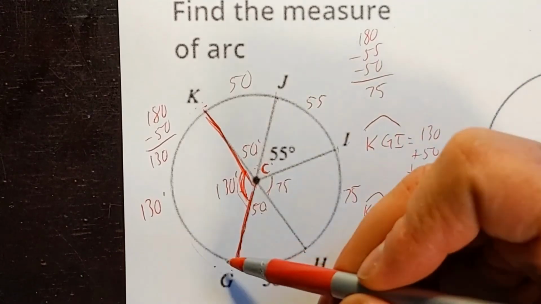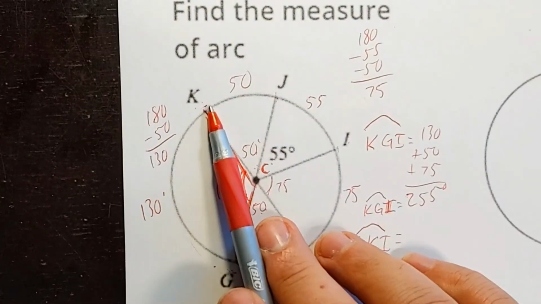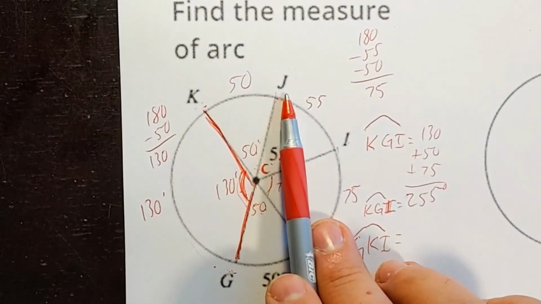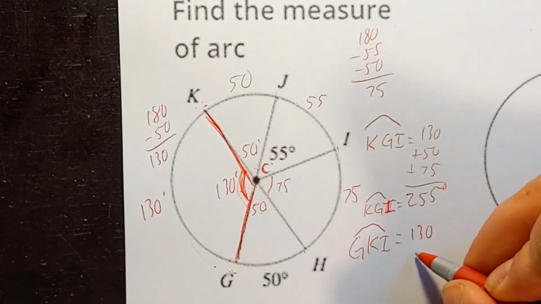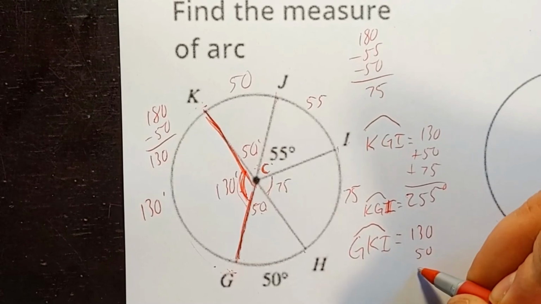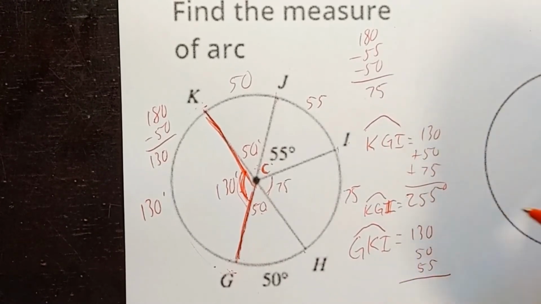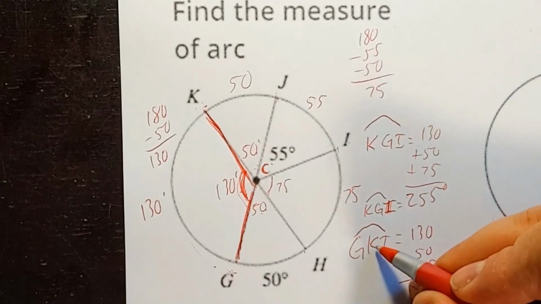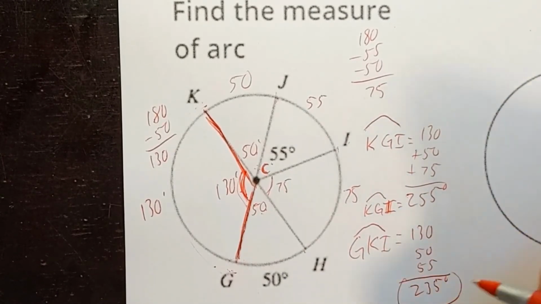So if you try GKI, from G to K is 130, from K to J is 50, from J to I is 55. So add those together, 130 and 50 and 55. And if you add that all together, you find out GKI is going to be 235 degrees for that one.